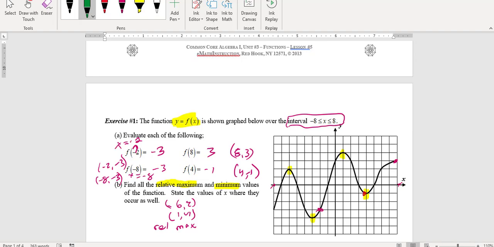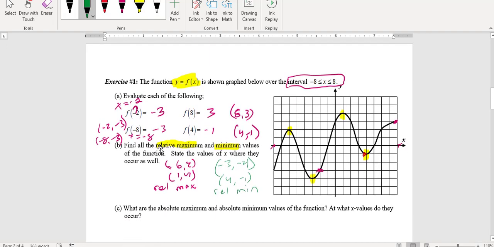We have a relative min here and a relative min here. This one is (-3, -4), and this one here is (4, -1). Those are your relative mins. So those are the things that happen throughout the graph.